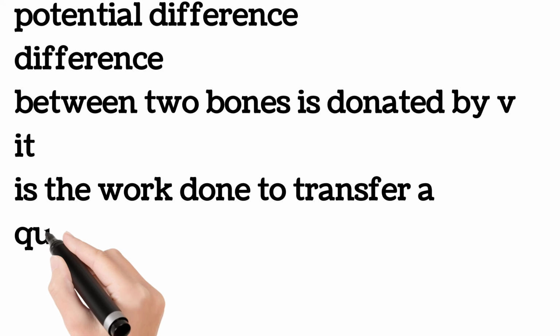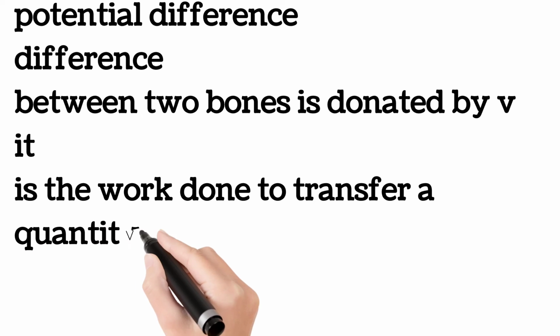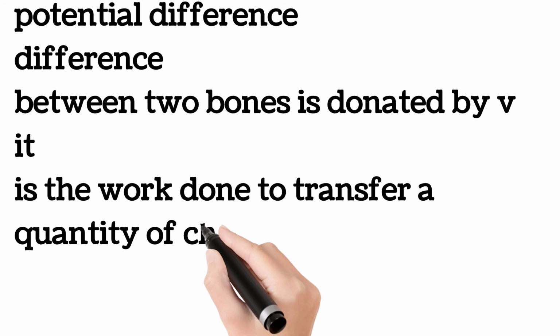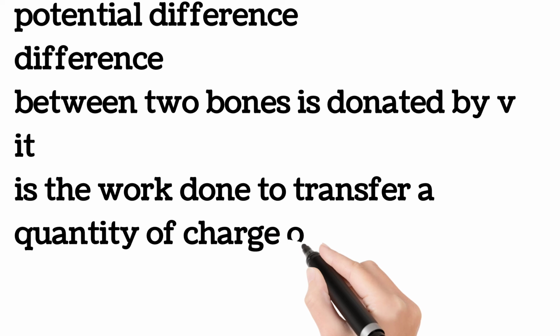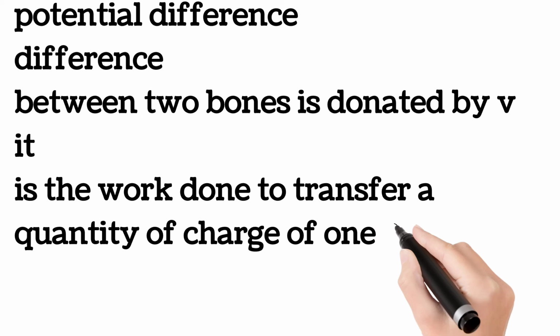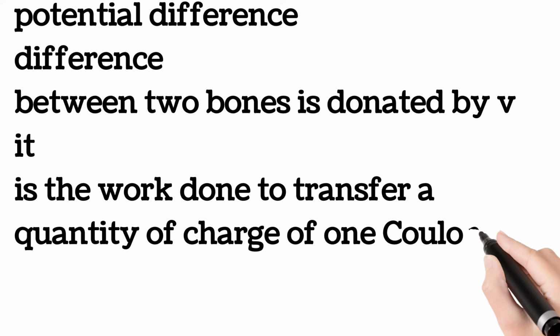When the potential difference between 2 points in a conductor is equal, no work is done to move the electric charge between the 2 points. Different work is done to move the electric charges between the 2 points.